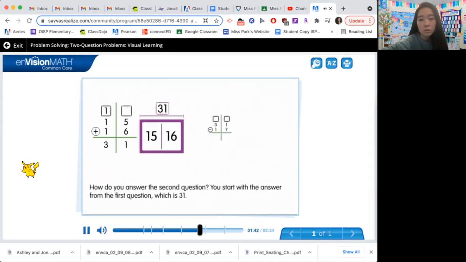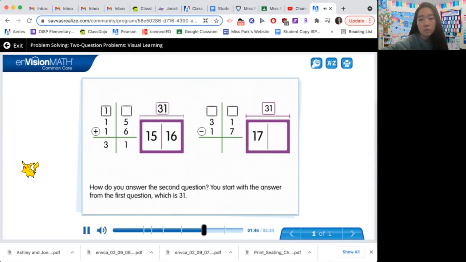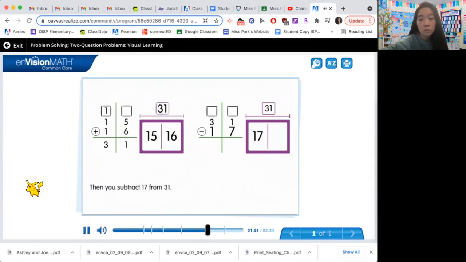How do you answer the second question? You start with the answer from the first question, which is 31. Then you subtract 17 from 31. The answer is 14. How many birds are left? There are 14 birds left after 17 fly away.